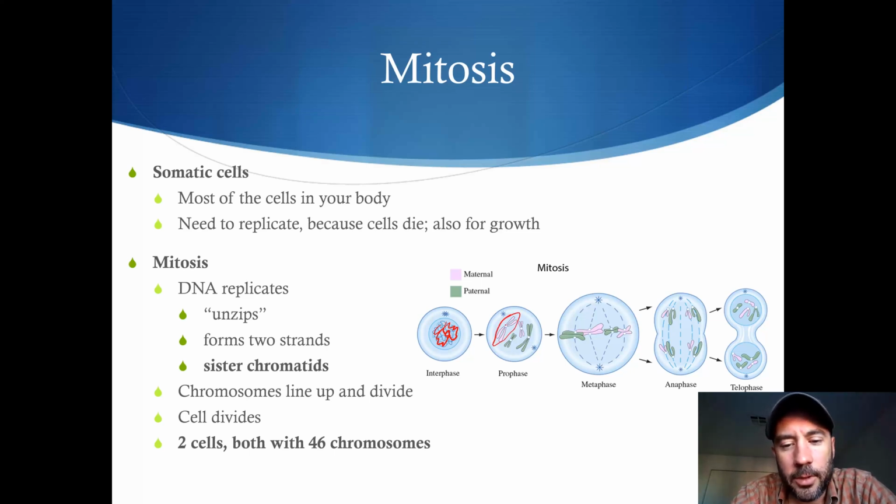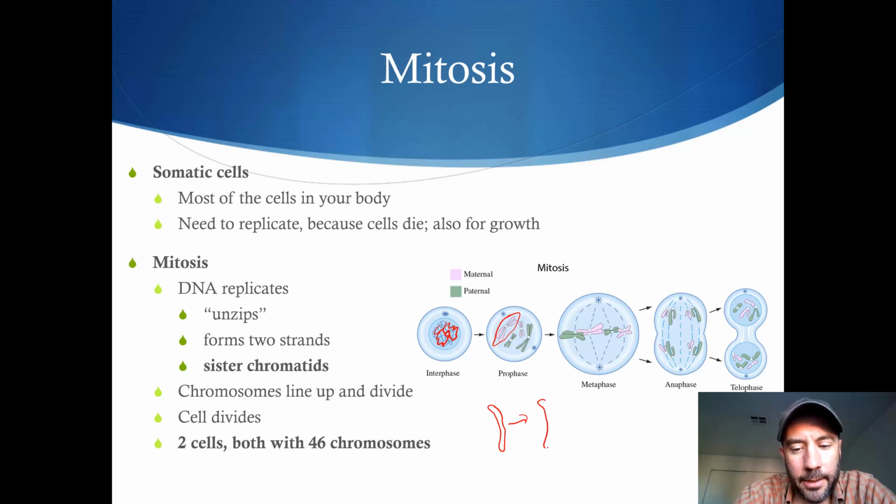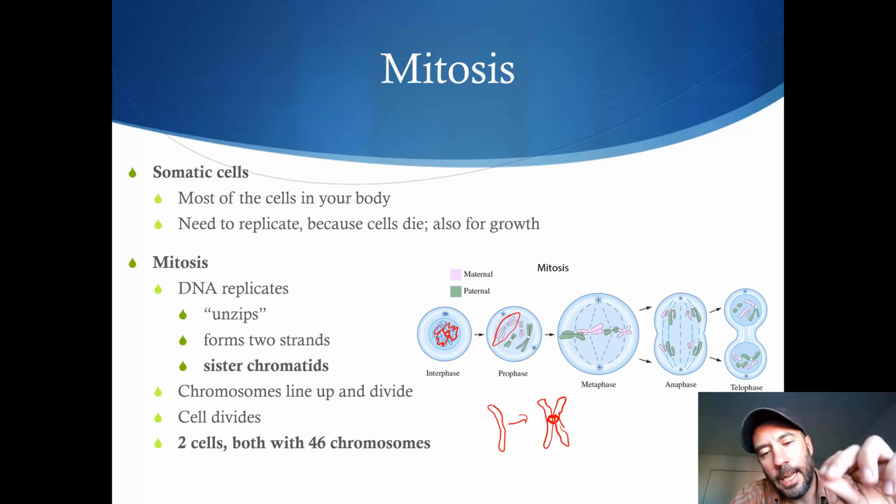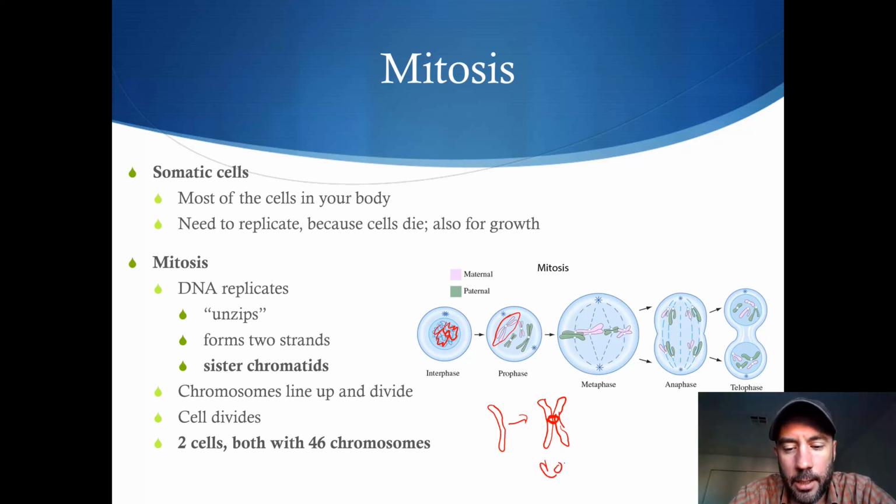Originally you would have a chromosome looking like this, okay? But what happens is the DNA replicates. So you kind of get the original and then you get a copy. And that's why the chromosome has this X shape. And it's bunched together at the centromere. Okay, so that is copied.